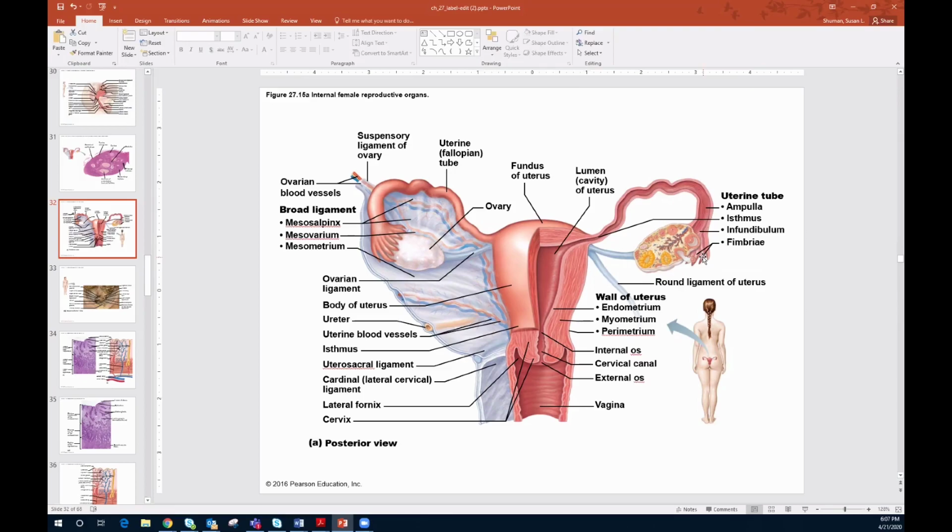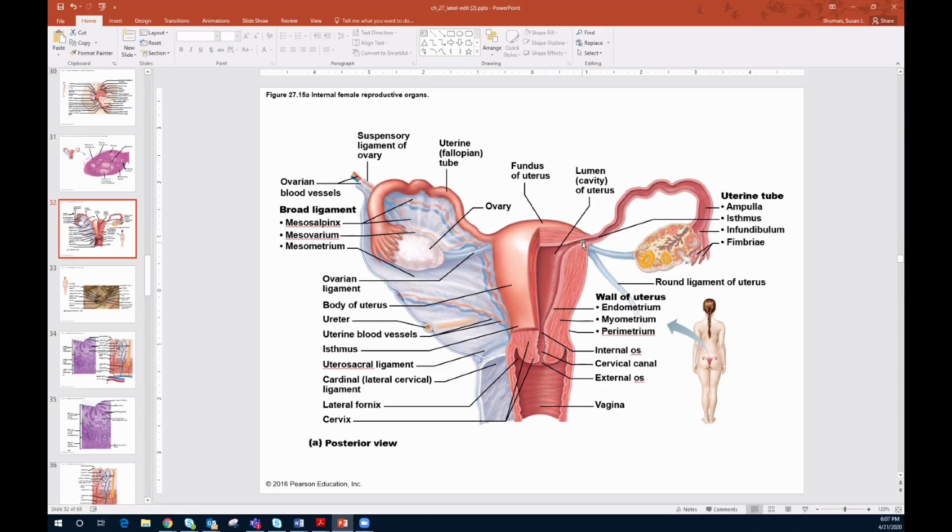Then the infundibulum is kind of like the palm of the hand. So if you think of all these fingers as the fimbriae, then the palm of the hand is the infundibulum. And then we've got the ampulla, this kind of end that's kind of like the wrist. And then we just work our way down this fallopian tube until we get to the part where we're actually going to narrow down and head in through the wall of the uterus.